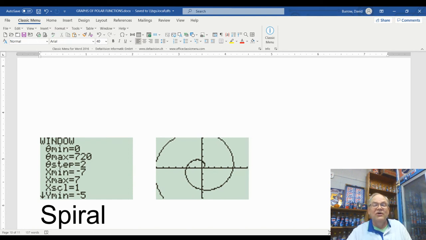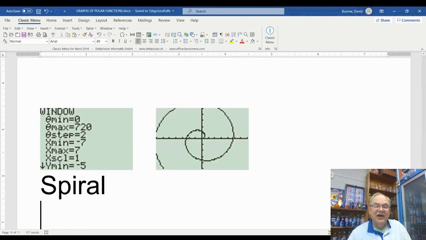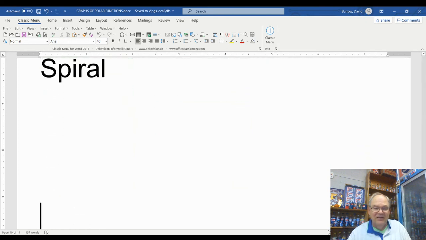And here, what you want to do is keep on going. It'll keep getting bigger and bigger the further out you go. So again, if you have theta divided by a number, you're going to get a spiral.